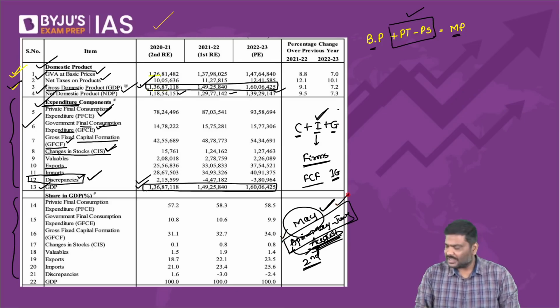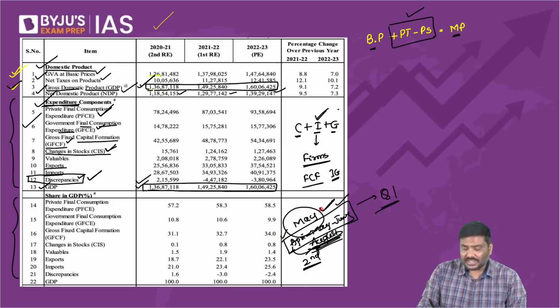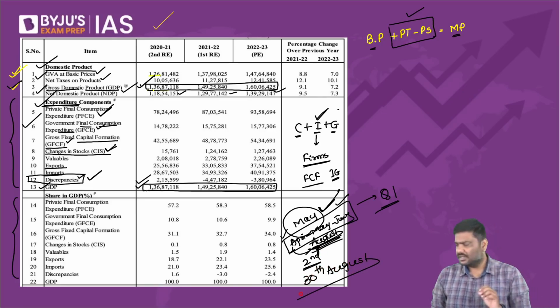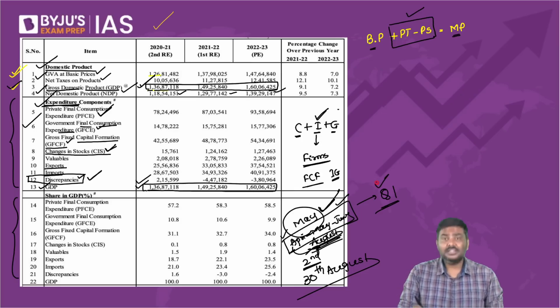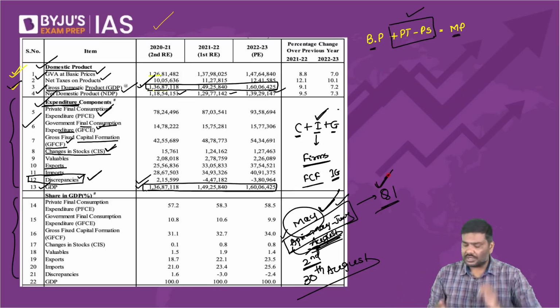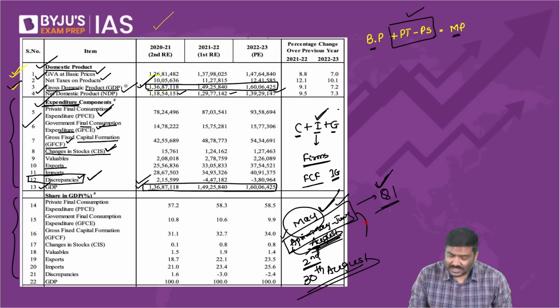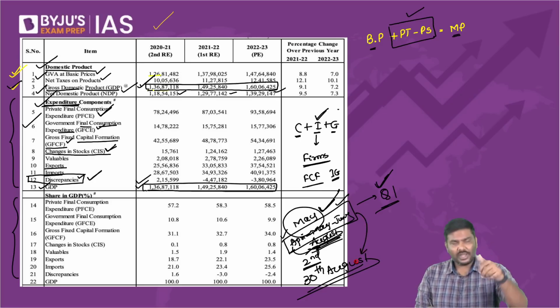April to June, that is the first quarter. What was the GDP value in the first quarter? You will come to know on 30th August, the last day of the month of August, which is two months after. June is over, then July, August.